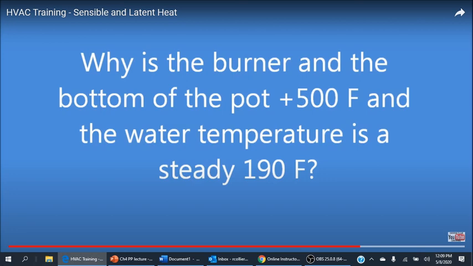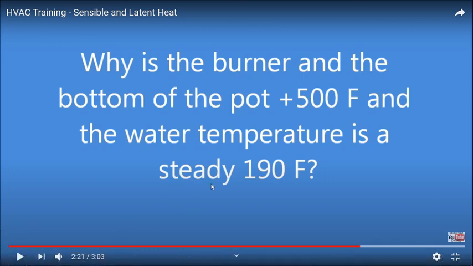I don't know that off the top of my head, but it's up there quite a ways. So the pot's going to stay rising in temperature, and the water will stay at what they say is a steady 195 degrees on the thermometer, but the water would be about 212 if you had a thermometer actually in the water.